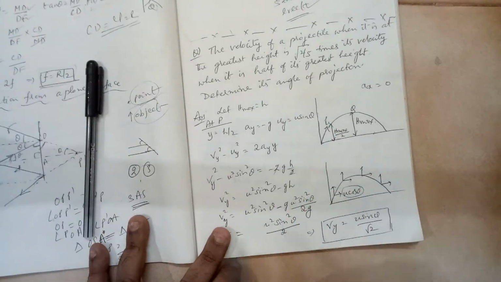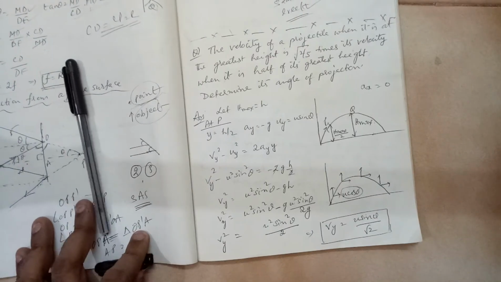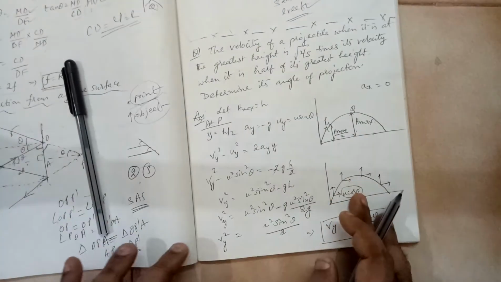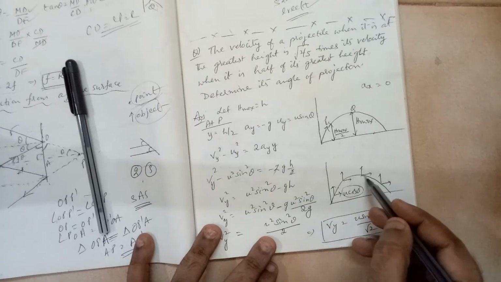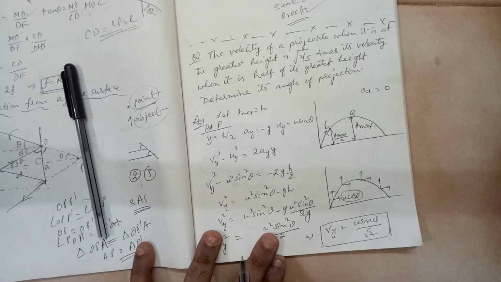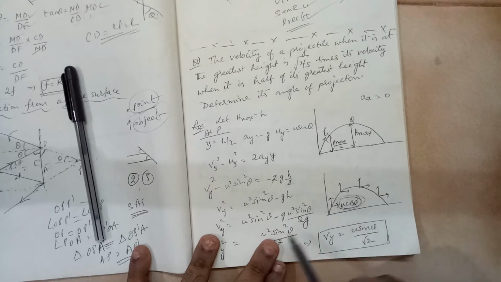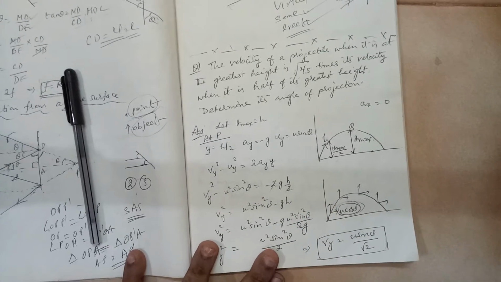So at every instance it will be u cos theta. The horizontal component remains u cos theta.